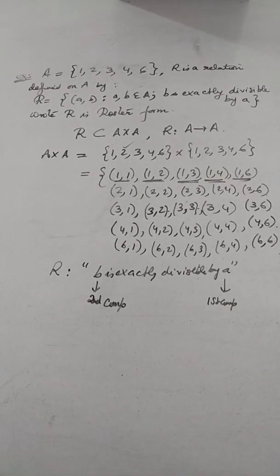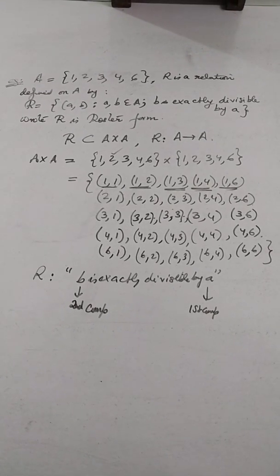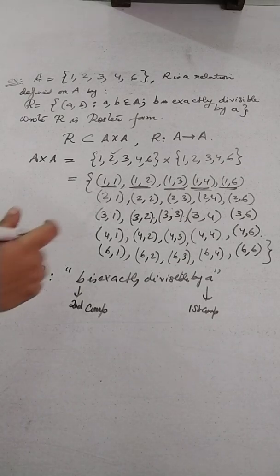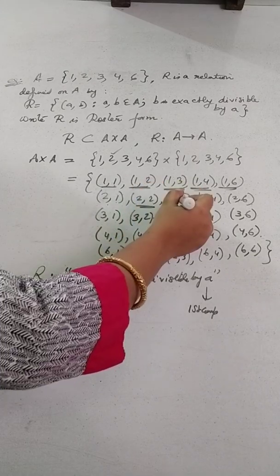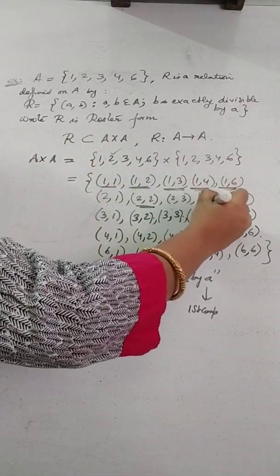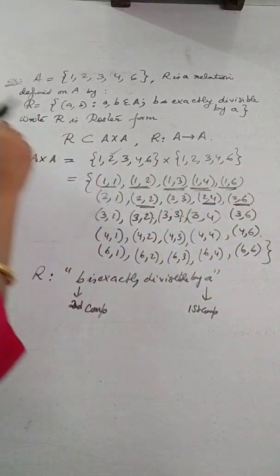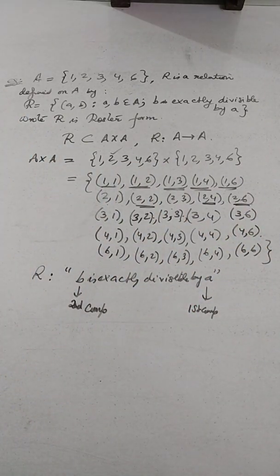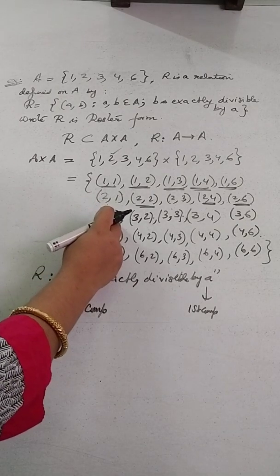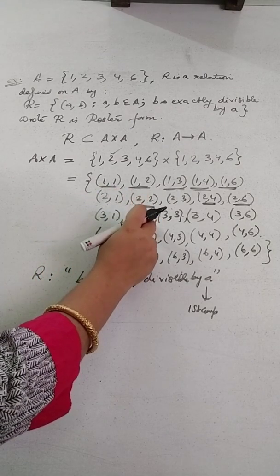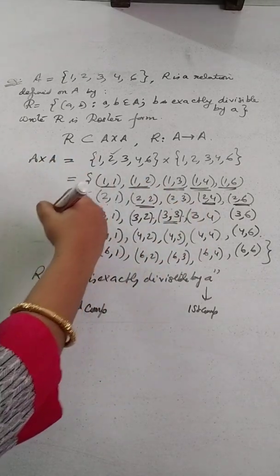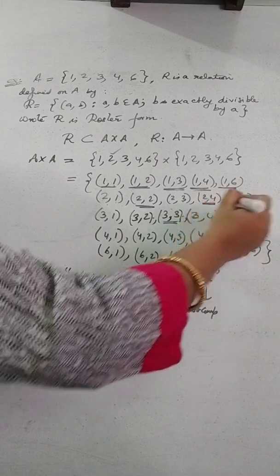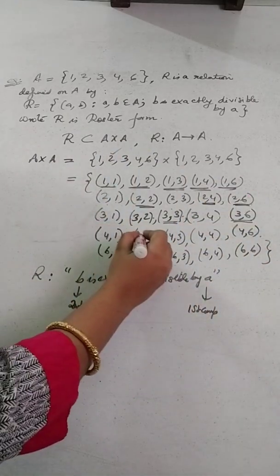So what are the components we are listing? Just select the second components and judge whether each is divisible by the first component. For 3: 1 is not divisible by 3, 2 is not, 3 is divisible by 3, 4 is not, 6 is divisible by 3.